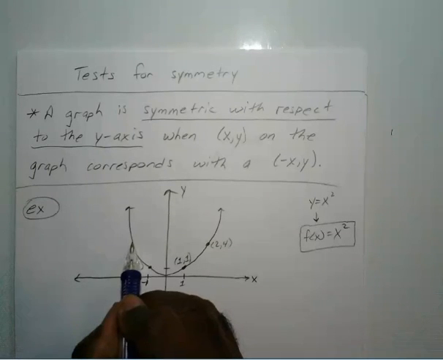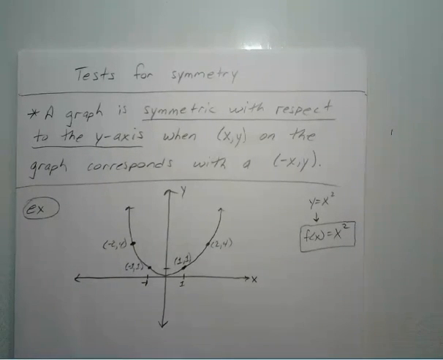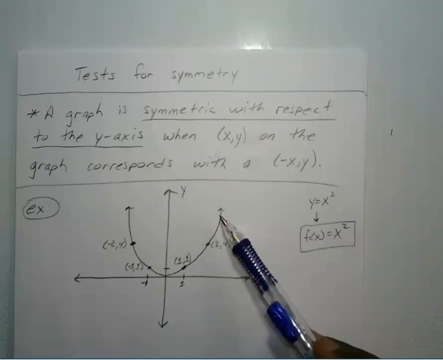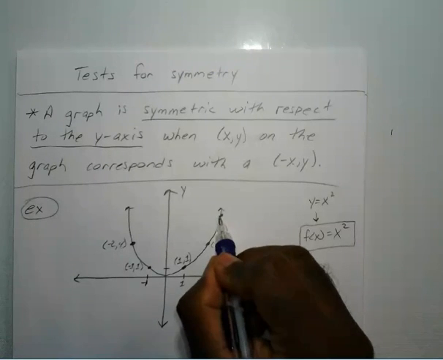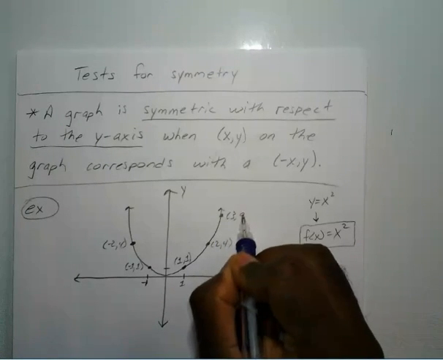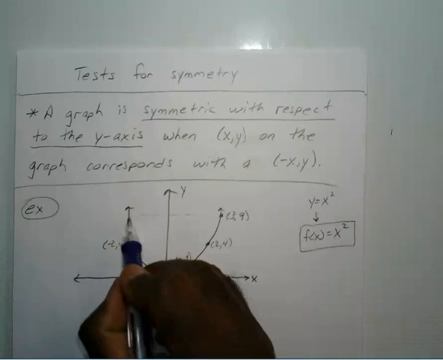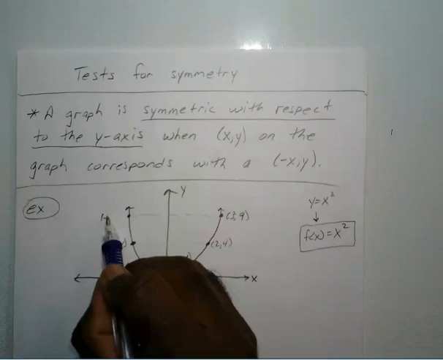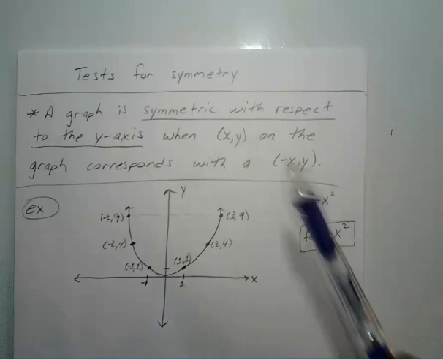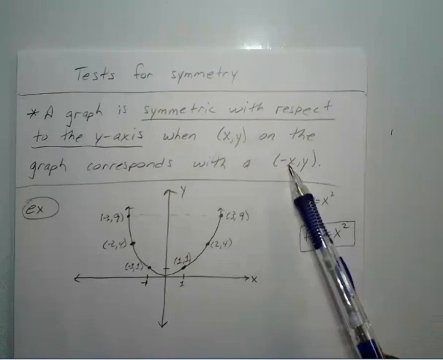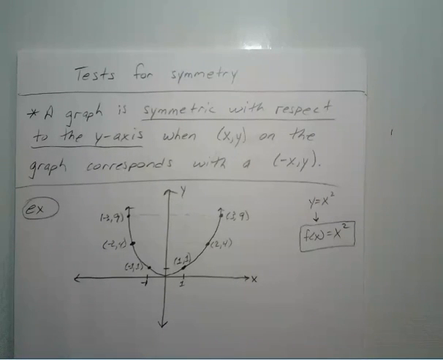That goes all the way up to 3 comma 9 and negative 3 comma 9. Whether it's a positive x value or a negative x value, they both share the same y value.